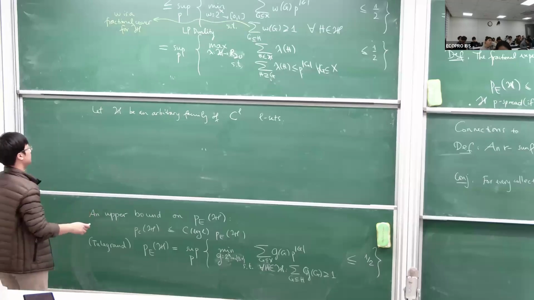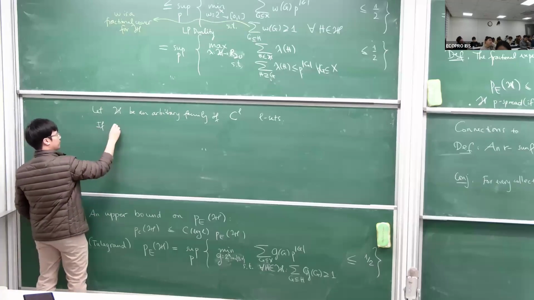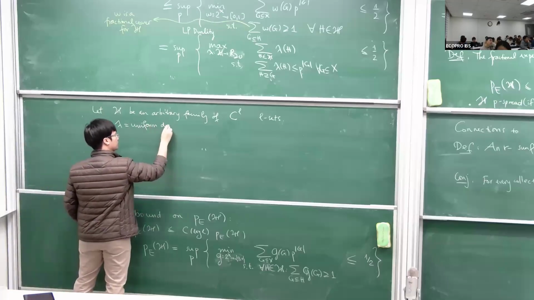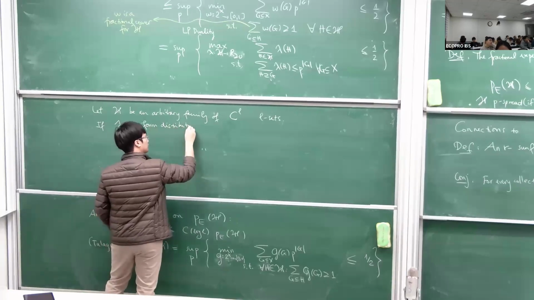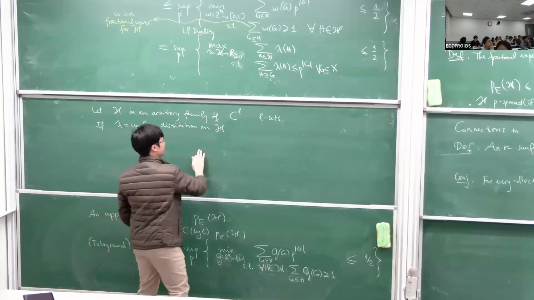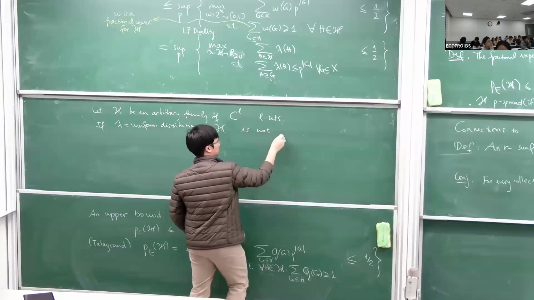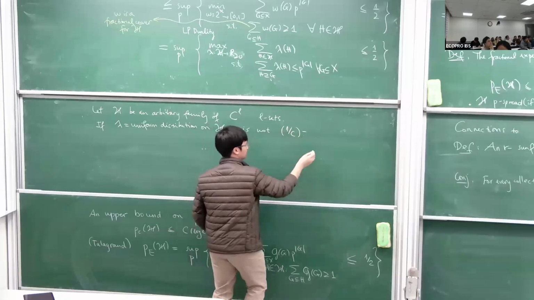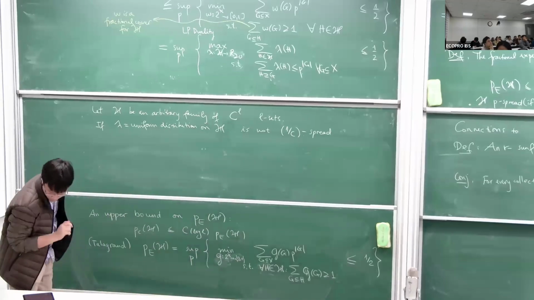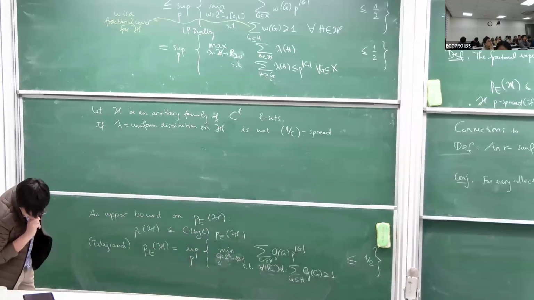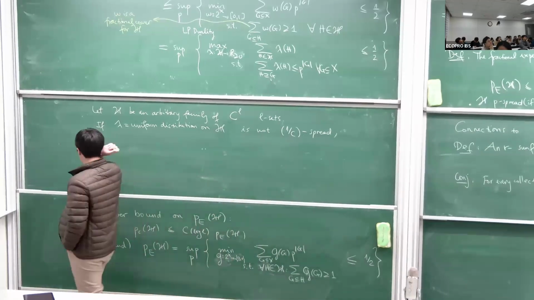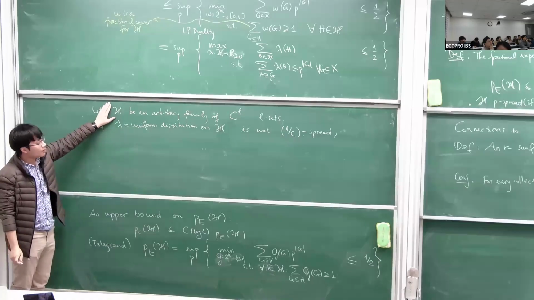Now, if lambda, which is the uniform distribution on H, is not 1 over C spread, so a priori, we start with an arbitrary family of sets.